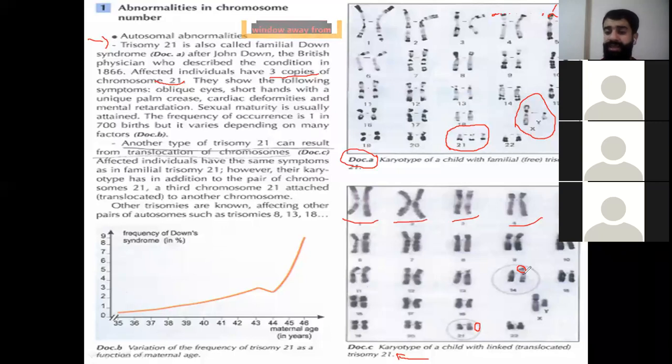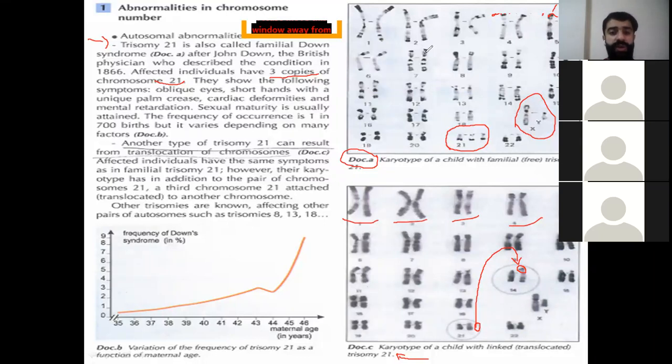So this is called a translocation, where a chromosome was translocated from chromosome number 21, since we have trisomy, to chromosome number 14. So this is called the Robertsonian translocation. Robertsonian translocation is the translocation or the movement of the chromosome from one position to another.